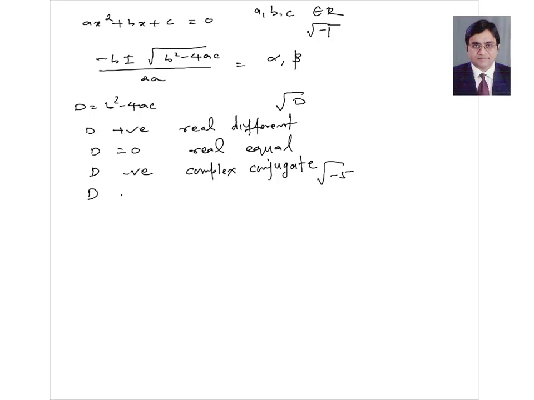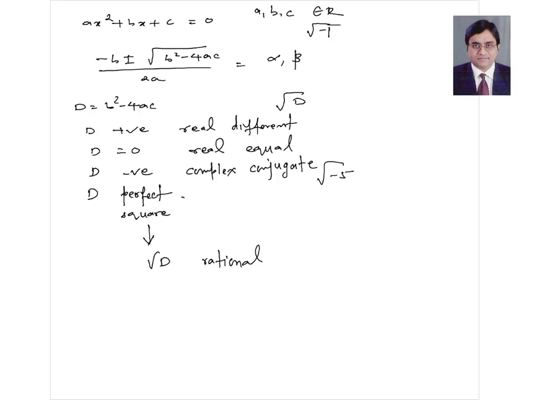So this implies that root D is rational. Is it safe to conclude that the roots would be rational? The answer is no, it is not safe to conclude that.